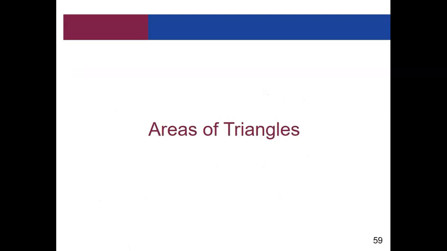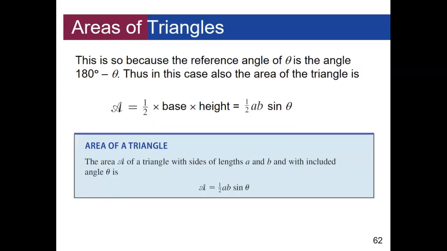Okay, the last thing that I want to look at in this section is finding areas of triangles, and this is when it's not a right triangle, or when the height, which has to be a perpendicular height, is not always easy to find.